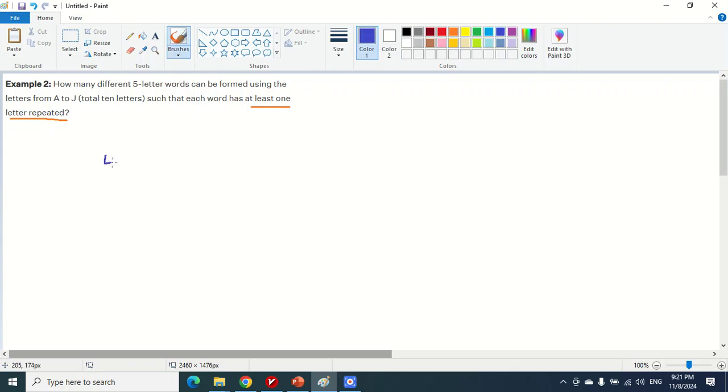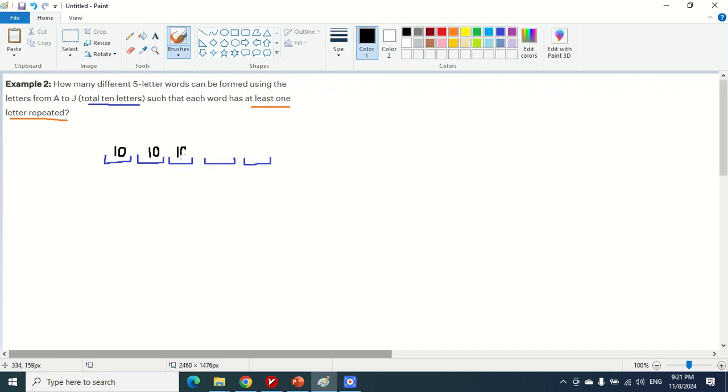If we have 5 letters, that means we have 5 locations. Each of those places can be occupied by any of the 10 letters. So I put 10 letters here, 10 letters for the next one, and so on, which means repetition is allowed.